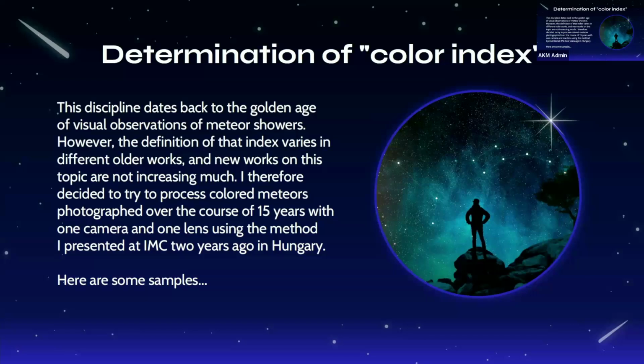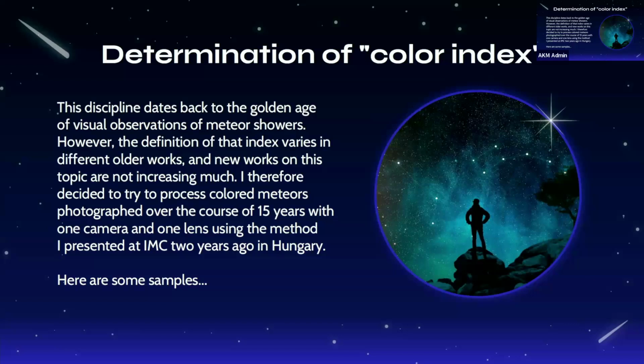Determination of color index: this discipline dates back to the golden age of visual observations of meteor showers. However, the definition of that index varies in different older works, and few works on the topic have appeared.